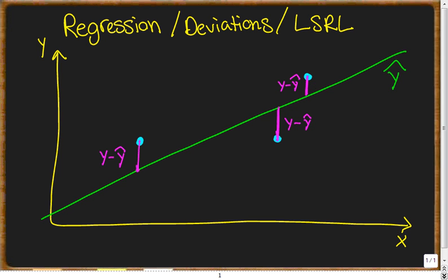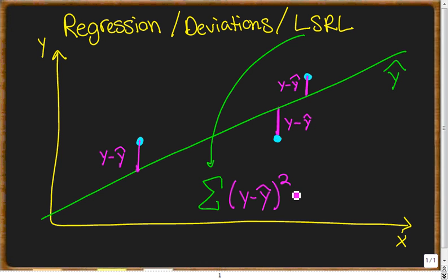Well, for our least squares regression line, which is what this LSRL thing is, you'll see it come up all the time. What they do is they take the sum of all of these different values, and they square it, right?